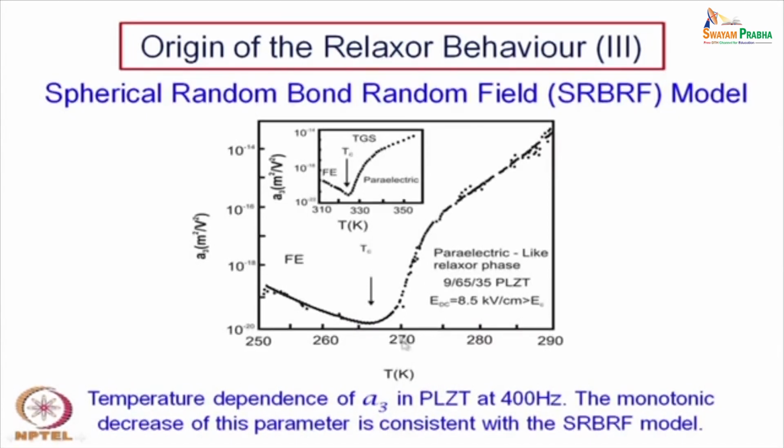This A3 has been plotted here. So, this A3 parameter of PLZT at 400 hertz, the monotonic decrease of this parameter is consistent with the SR-BRF model.